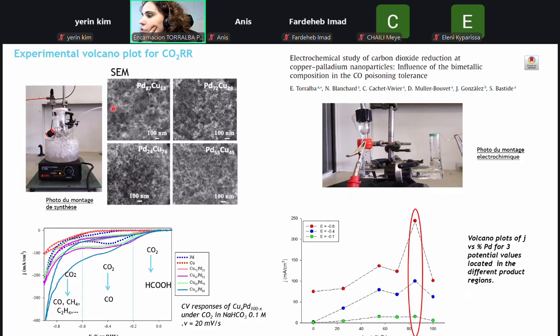Okay, so we wanted to know again. We were doing alloys, copper, palladium, and we wanted to know which composition will be the best. And do you have an idea why in catalysis or in electrocatalysis we talk a lot about alloys?